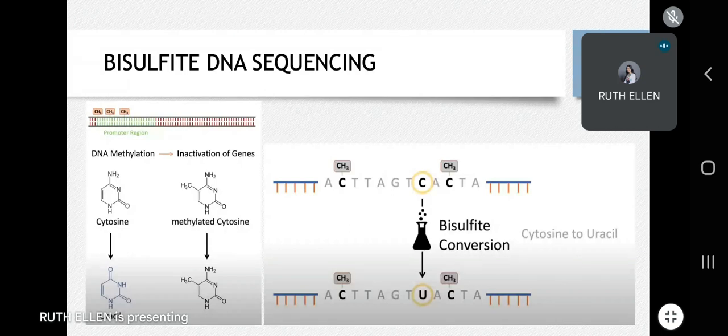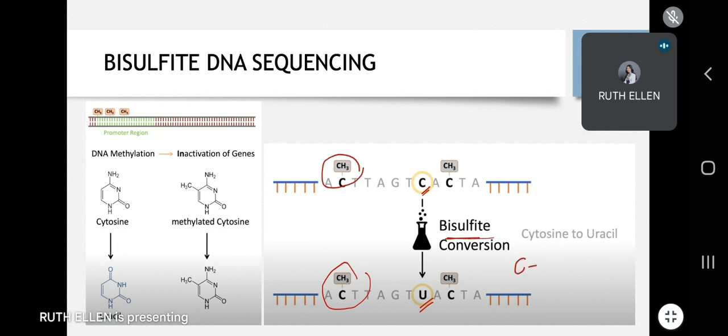Okay? So in the addition of bisulfite, okay, the methylated cytosine will remain as methylated cytosine even if meron na tayong inadd na bisulfite. Okay? While the unmethylated cytosine will be changed to uracil and eventually change to thymine.